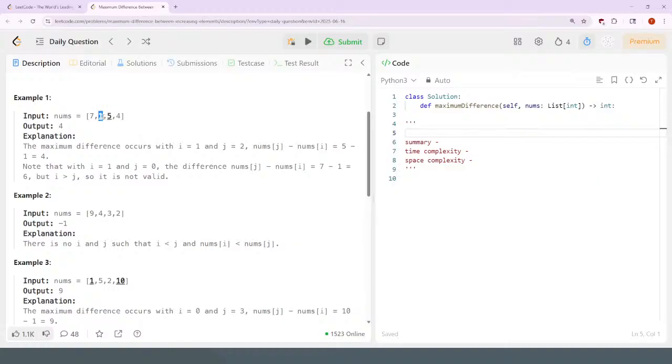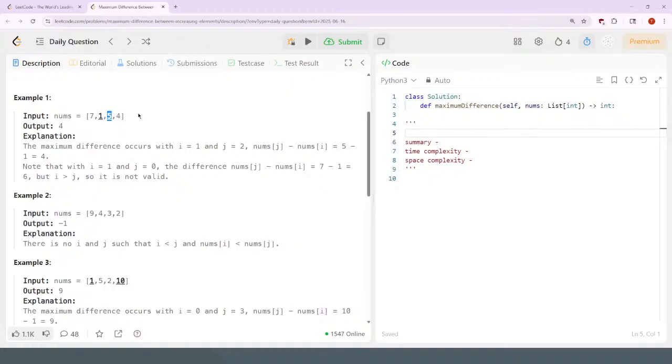So 7 followed by 1, 1 is now going to be kept. 1 followed by 5, the difference there is going to be 4, and 1 is kept. Followed by 4, the difference there is, well, 5 is still high compared to 1. 4 is just ignored, it's just a bad difference.